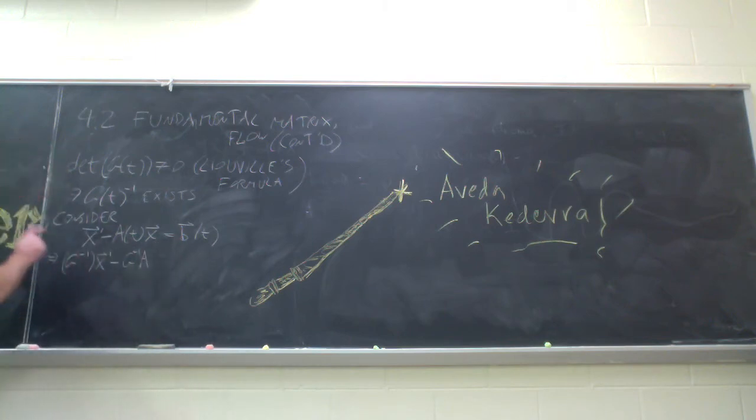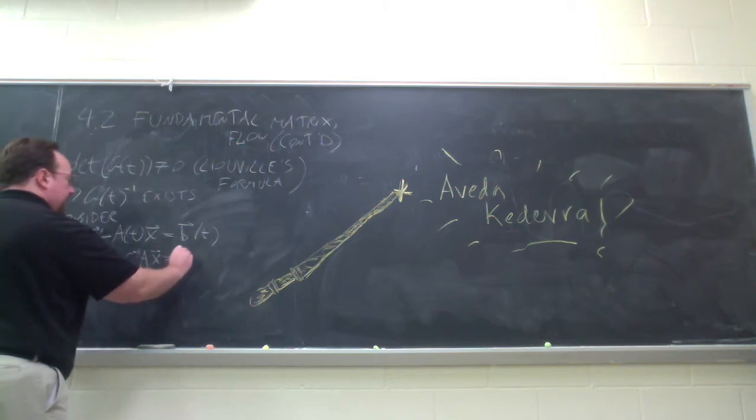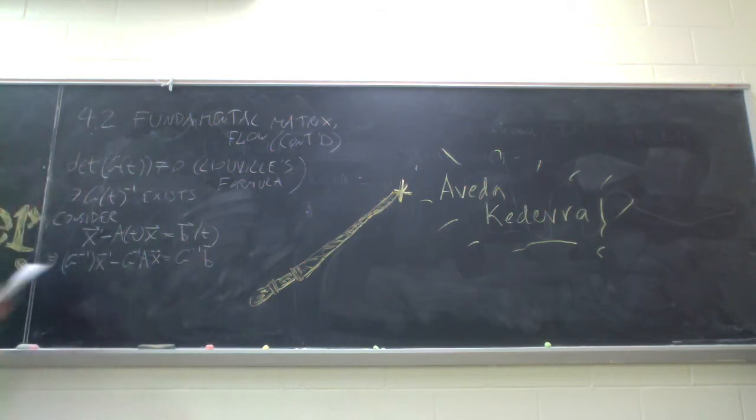I want to keep in mind as I do this, G and A are both functions of t, but just to keep things abbreviated, I'm not going to write any actual t dependence, just because I have a lot of steps to go through. So G inverse B, and B also has t dependence.